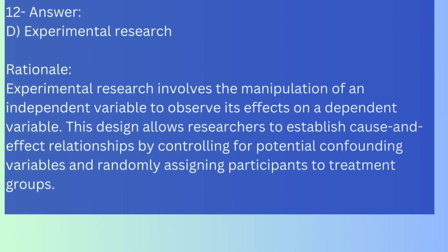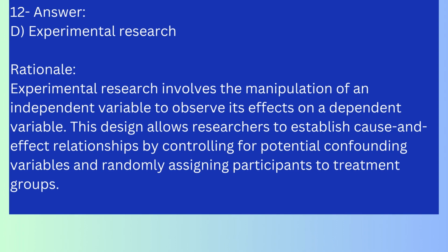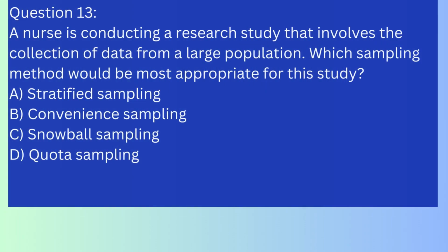Answer: D. Experimental research. Rationale: experimental research involves the manipulation of an independent variable to observe its effects on a dependent variable. This design allows researchers to establish cause and effect relationships by controlling for potential confounding variables and randomly assigning participants to treatment groups.